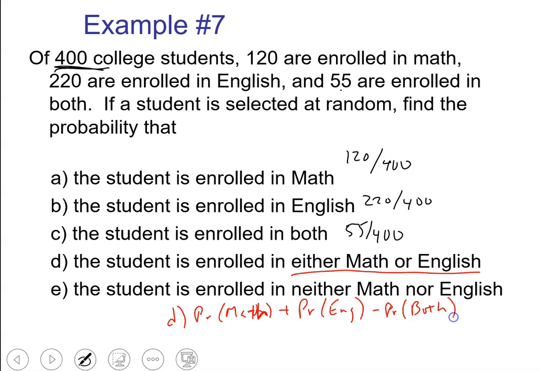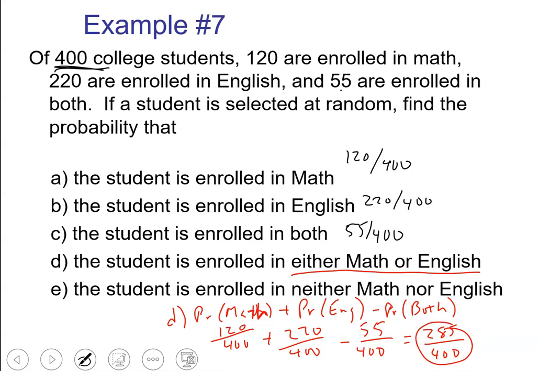Again, we can't repeat them. So the probability in math, we did that up here, 120 over 400, plus the probability they're in English, 220 over 400, minus the probability they're in both, 55 over 400. So they all have the same denominator. Add those all up and subtract 55. You should get 285 over 400. And that's for D.